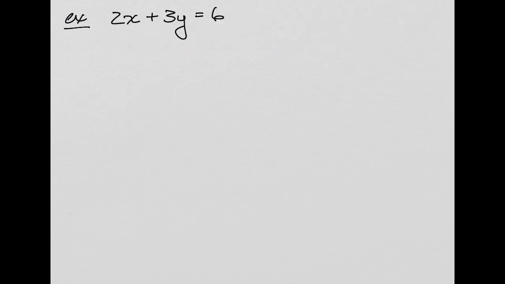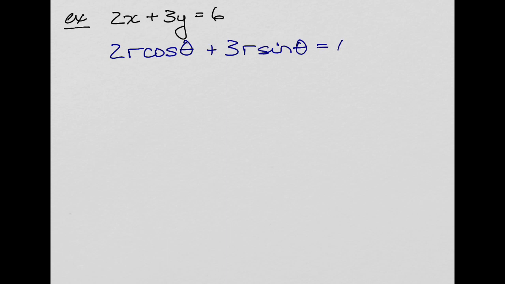Here's another one. If I have 2x, well, I'm going to change x into r cosine theta. So that still says 2x, just in a different way, plus 3y, same idea, equals 6.